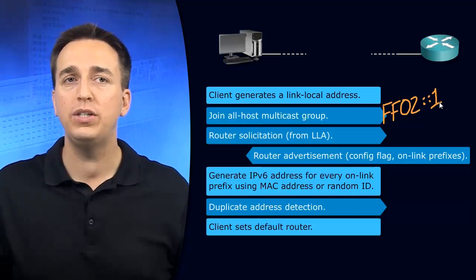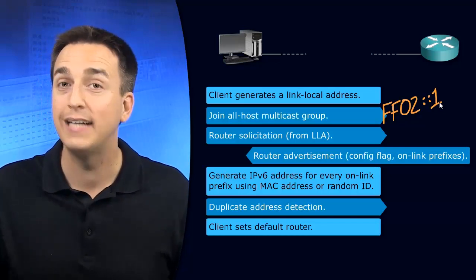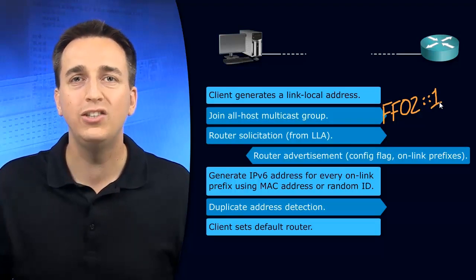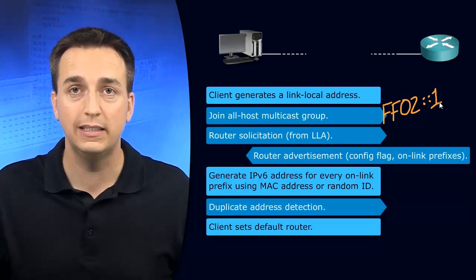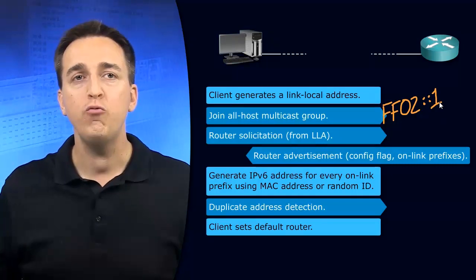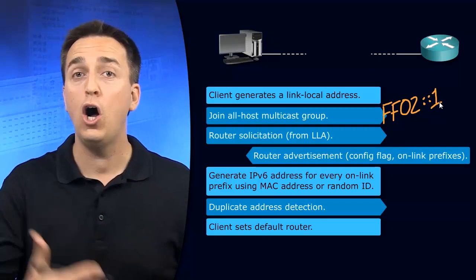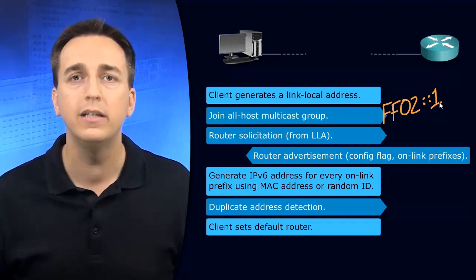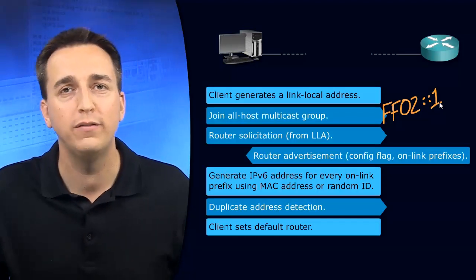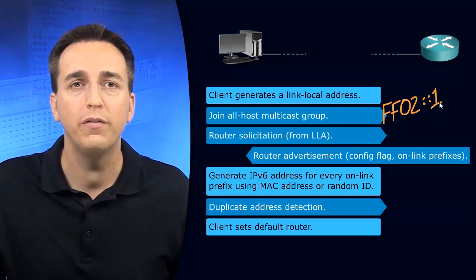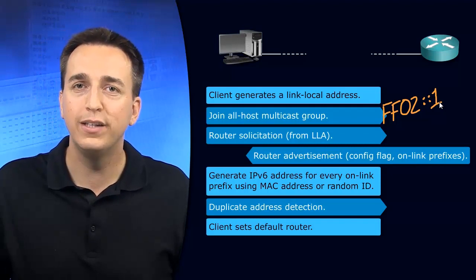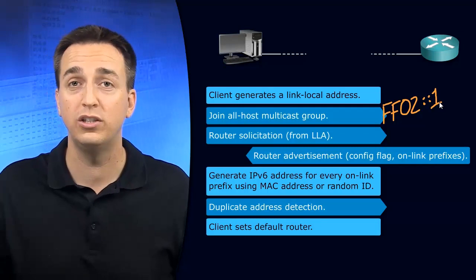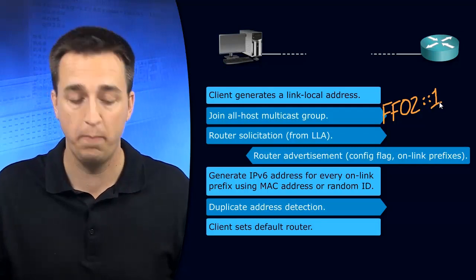Well, this particular multicast address, FF02:1, is utilized by all devices. And if you need to communicate with all hosts in the network, you send the information to FF02:1. So every device has to join this multicast group, or else they will not receive multicast messages that are destined for everybody.